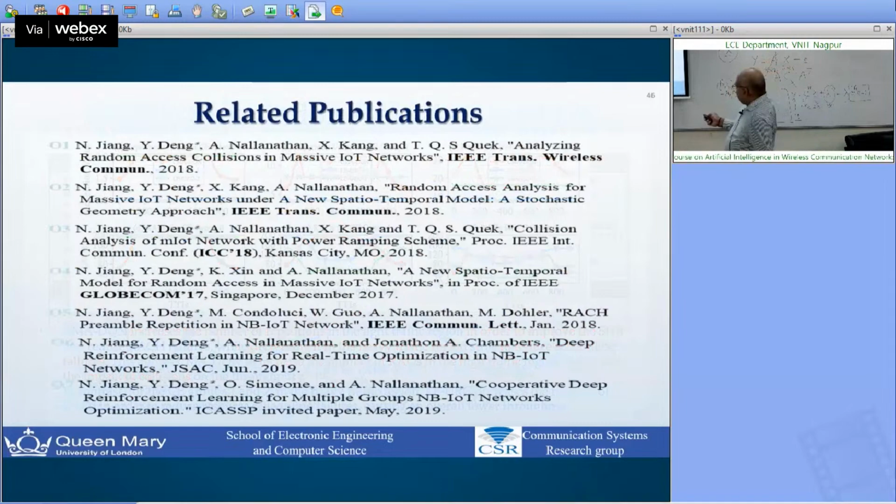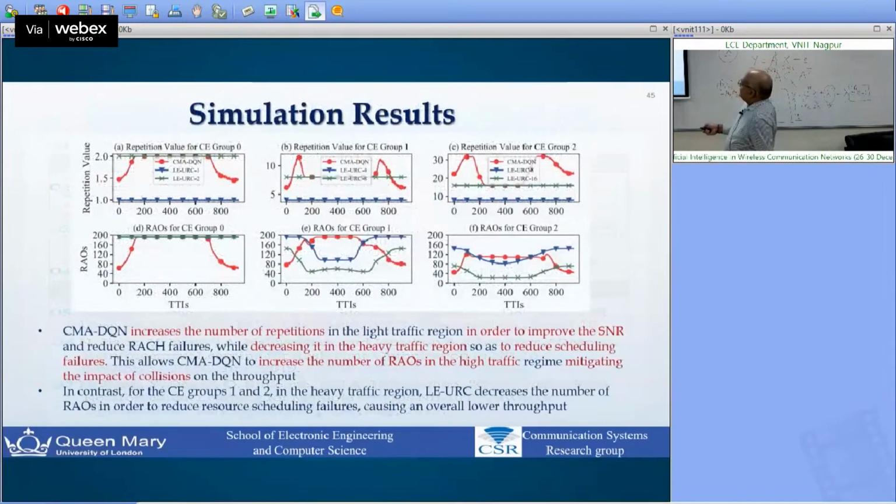Here you see the repetition value is less, and random access opportunities increase because of the bursty traffic, collisions occur, so it increases the random access opportunity. In group 1 and group 2, the load estimation reduces the random access opportunity, so they were not able to succeed.